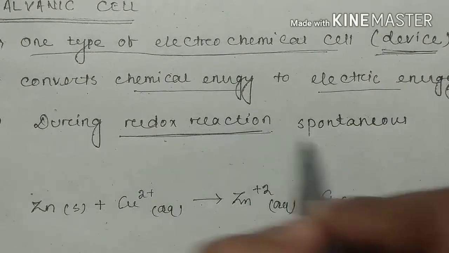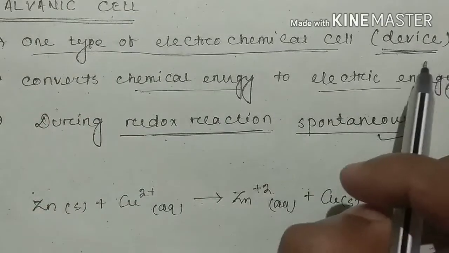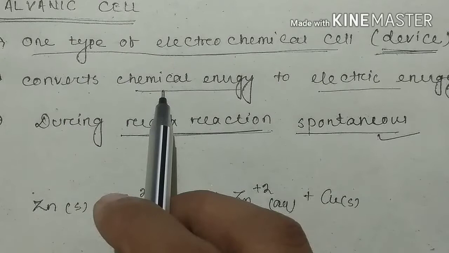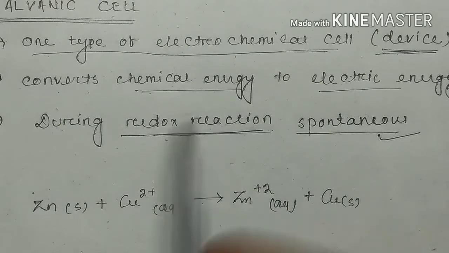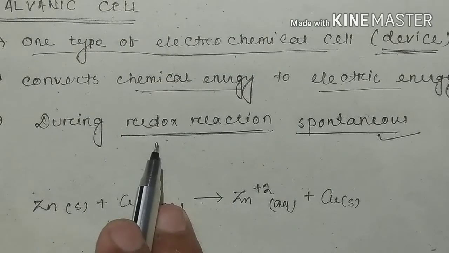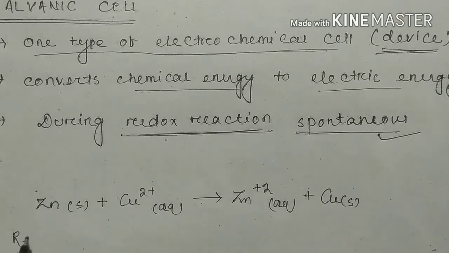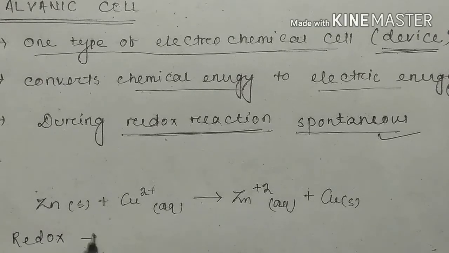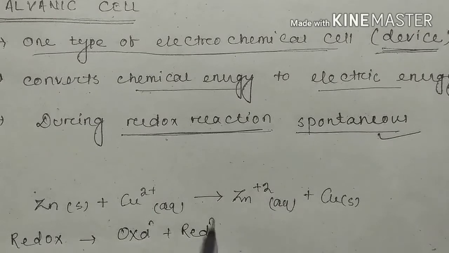So a galvanic cell converts chemical energy to electrical energy during a redox reaction. So friends, what is a redox reaction? A redox reaction is a reaction in which both oxidation and reduction take place.